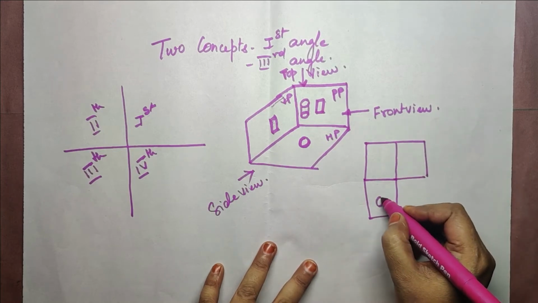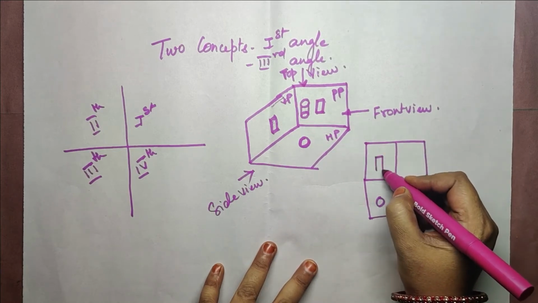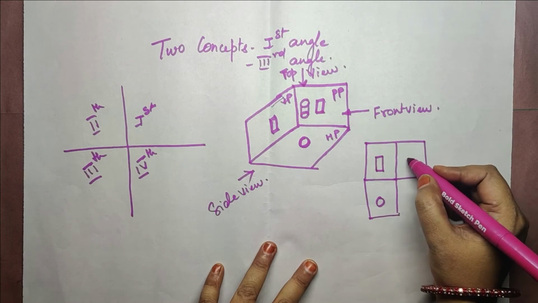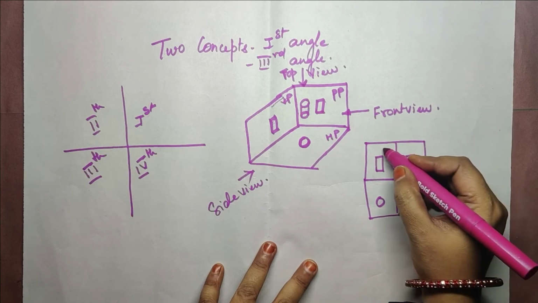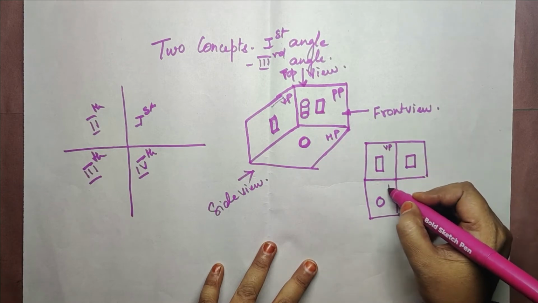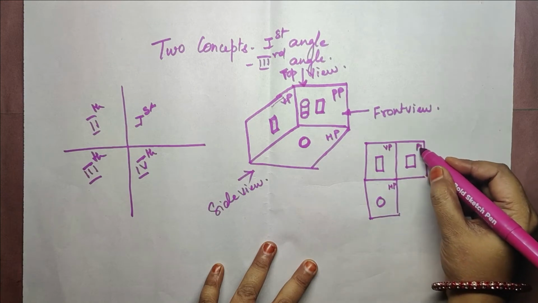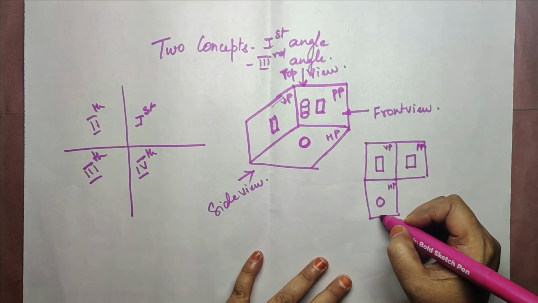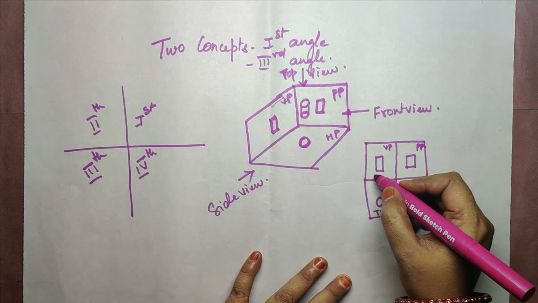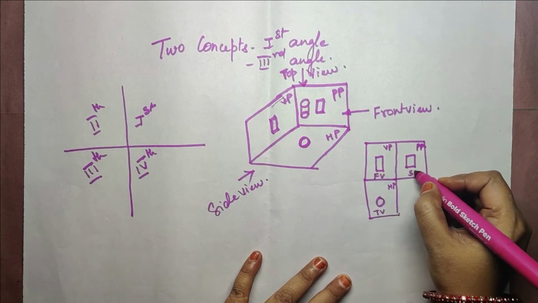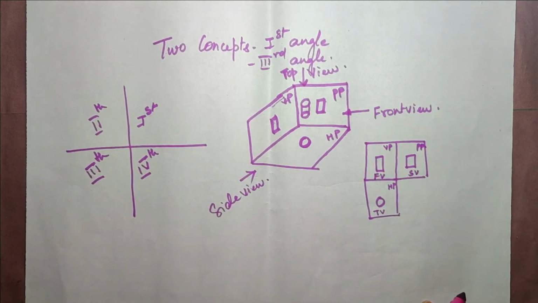So here the circle will come, here the VP, and here the PP, that is VP, HP and PP. This is the top view, this is the front view, this is the side view. Okay, so this is how we are going to draw the views for a cylinder.